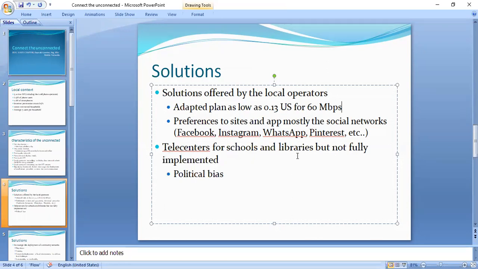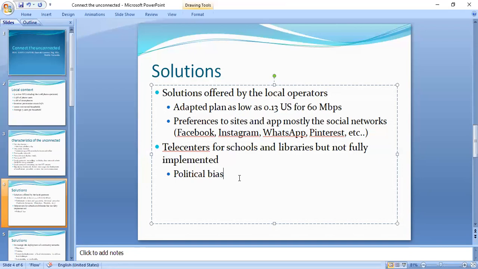But this program was not fully implemented, and it has a lot of political bias, because most of the time local government representatives go to the regulator and say, because I'm the representative of the local government, you have to install a telecenter in my community.